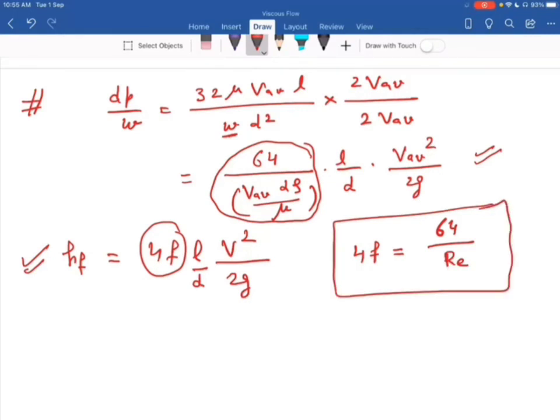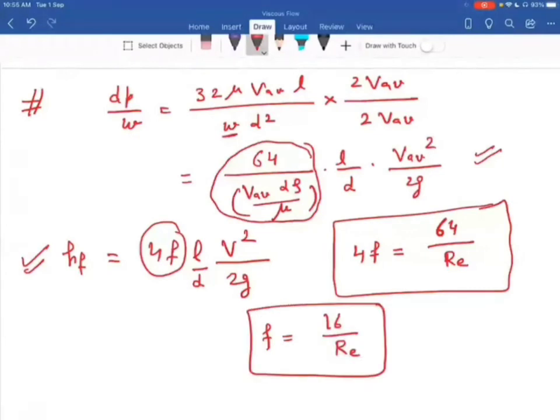The friction factor for laminar flow through a circular pipe is 64 divided by Reynolds number, or the Darcy friction coefficient is 16 divided by Reynolds number. This is the friction factor. So this is all about the laminar flow.